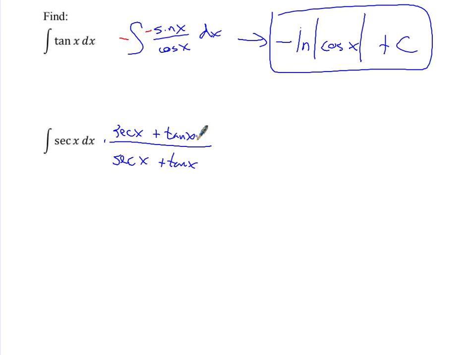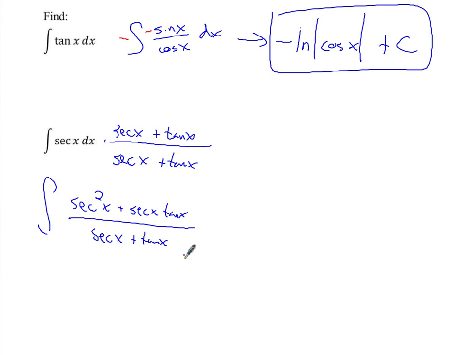So now we have the integral of secant squared x plus secant x tangent x over secant x plus tangent x dx. The question is, what do I do from there?